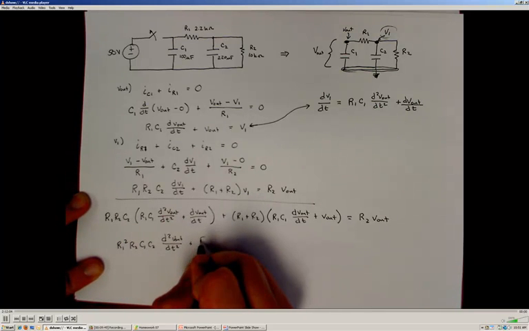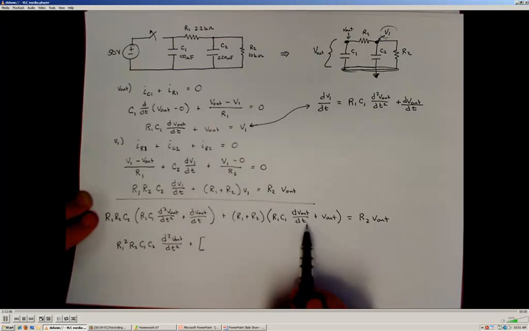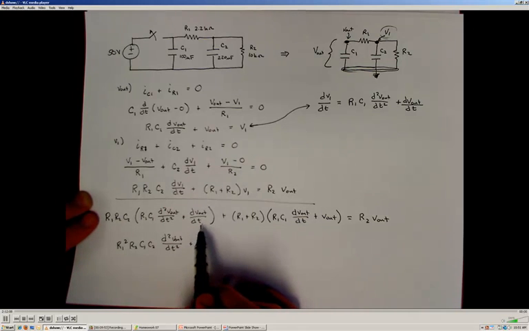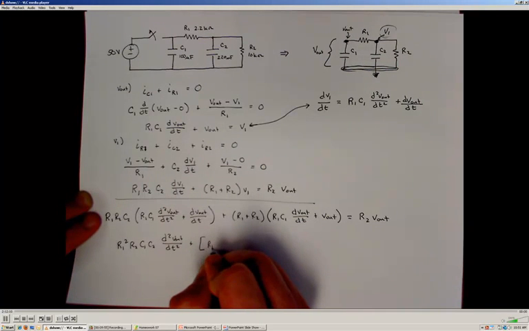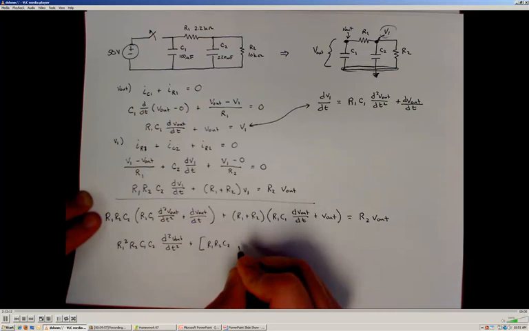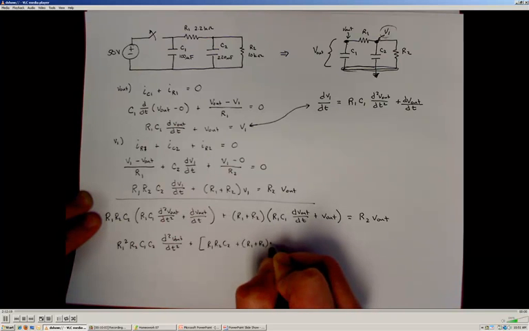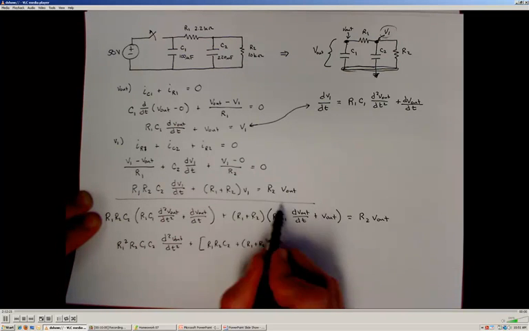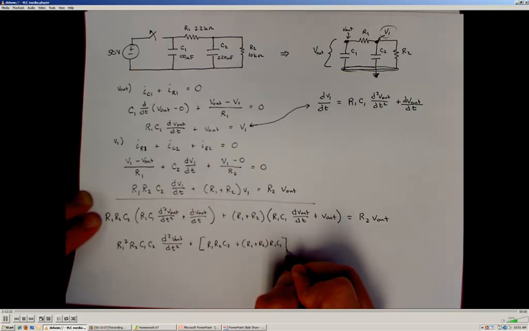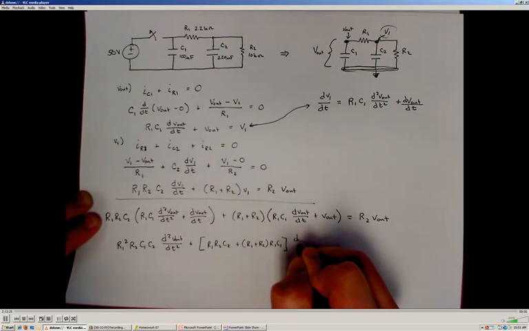What's in front of my first order terms right here will be R1 R2 C2 plus R1 R2 times R1 C1. So that's those terms right there, times the first order derivative.